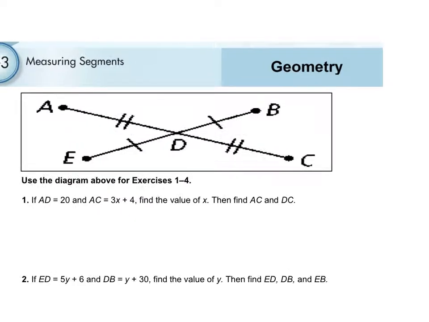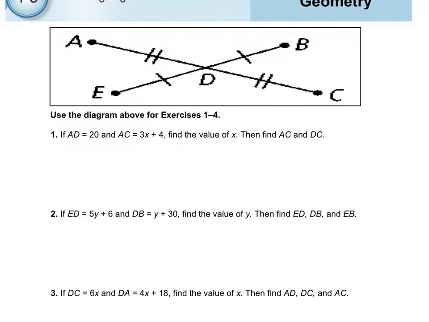So in the picture, you'll notice you have a segment A, C. You notice that D is in between those two. And then you also have a segment E, B, and D is in between those two. But you'll notice you have markings here. These markings mean that whatever has the same marking is the same.